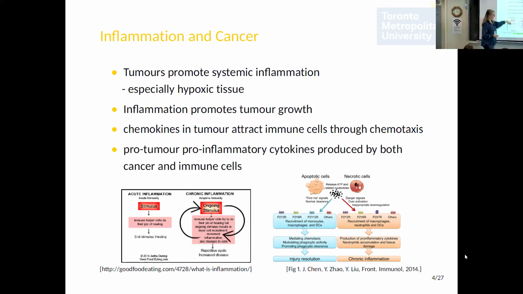Yeah, so there's the difference between acute inflammation, which, if you go into the literature, you might get confused because inflammation can mean two different things. But we're going to be talking about chronic inflammation, which is this ongoing, never resolving immune response that is generally doing pro-tumor actions.